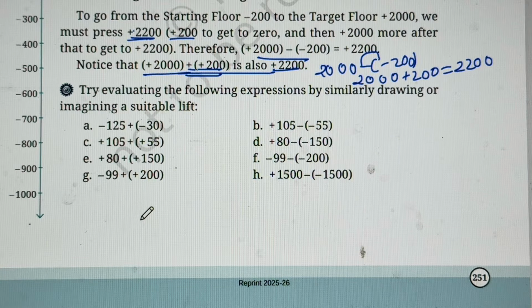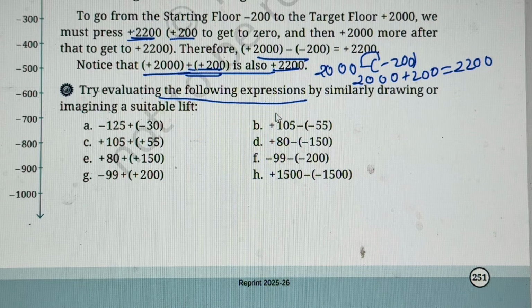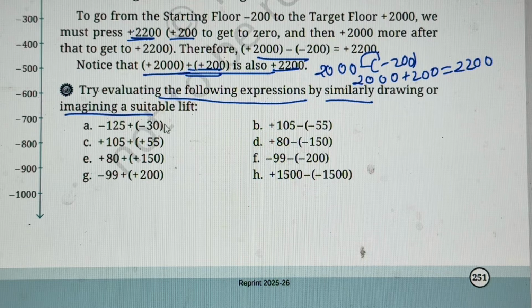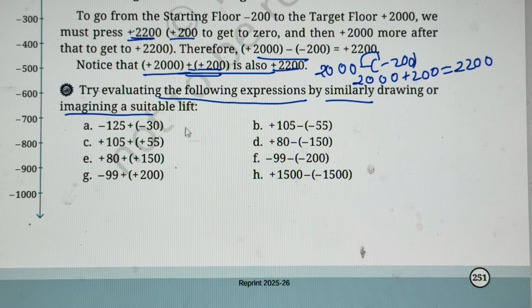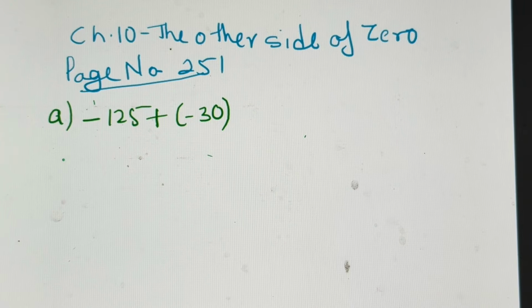So there are some questions given over here. Try evaluating the following expressions by similarly drawing and imagining a suitable lift. Either you can draw or you can just imagine, right? Either that or the method which I just taught you. So we will do these sums now one by one. So question number 1.